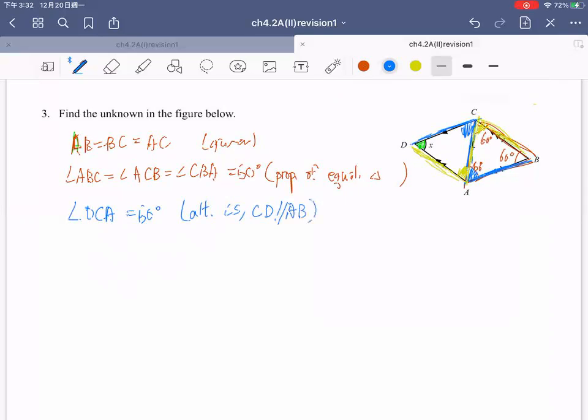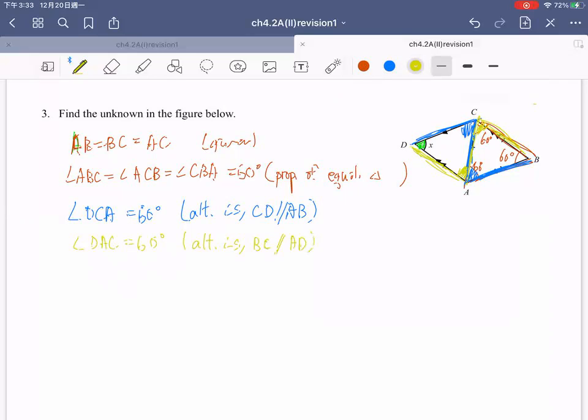Don't mix up all those parallels, right? The blue one, like this. And then the yellow one, angle DAC is 60 degrees. Again, alternate angles. This time it is BC parallel AD. Okay.